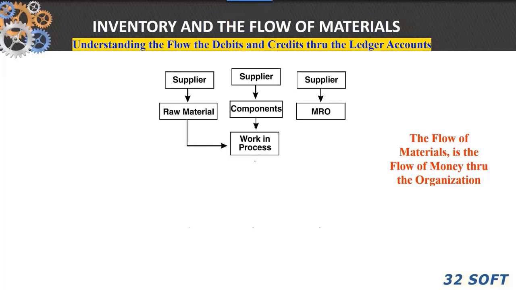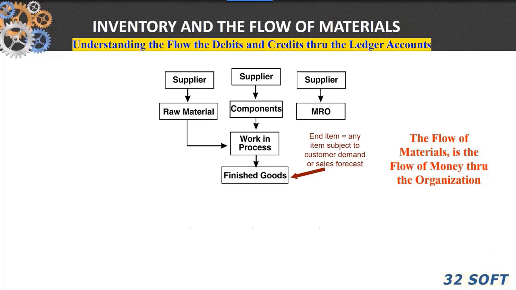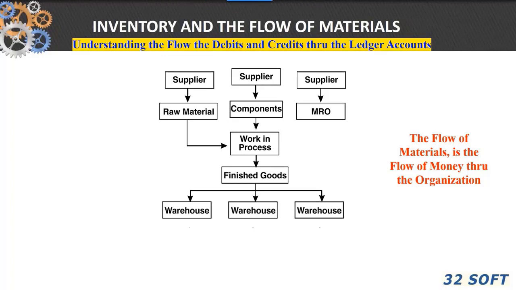We continue and take our raw materials and components, we cut manufacturing work orders, we build those work orders, and finally we credit the inventory on hand and debit our work in process. That then comes down and we finish the product. These are the end items that we ship to our customers. We talked about forecasting extensively in a couple of webinars this year. Here we're going to credit the work in process and debit finished goods.